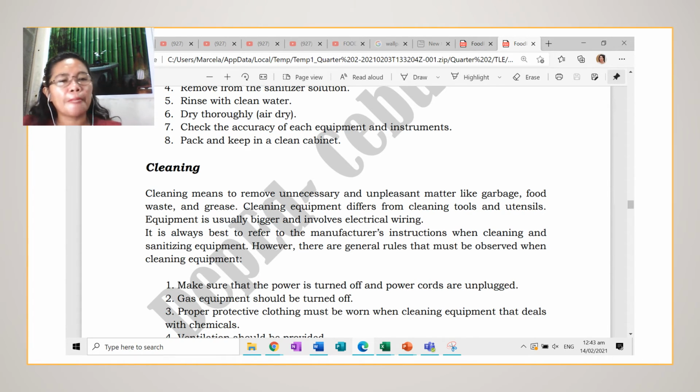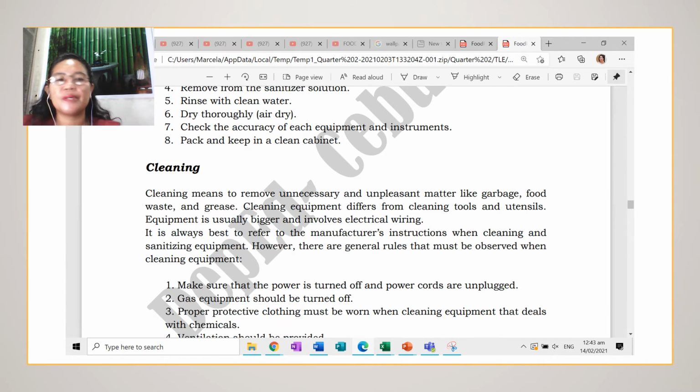Number 1, make sure that the power is turned off and power cords are unplugged. It's very important. Number 2, gas equipment should be turned off. Number 3, proper protective clothing must be worn when cleaning equipment that deals with chemicals.